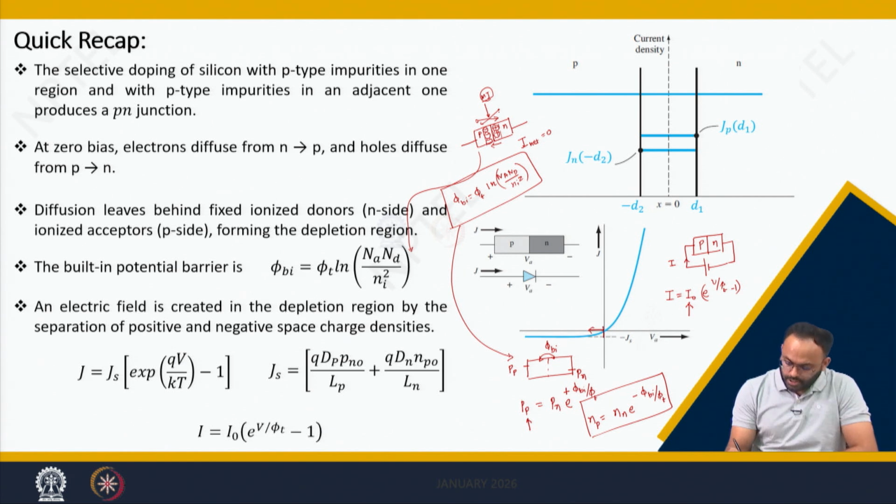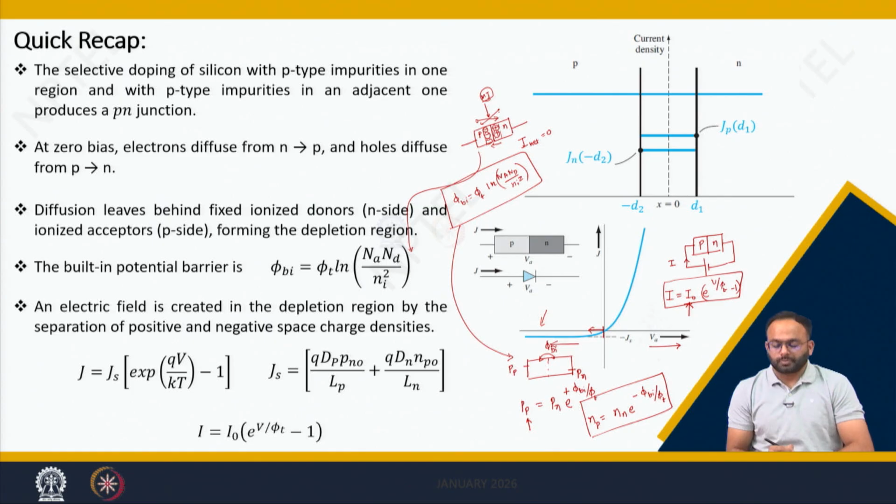So this equation also holds good when you are operating the diode in reverse bias. So this is forward bias, and this is reverse bias, meaning the voltage is negative.